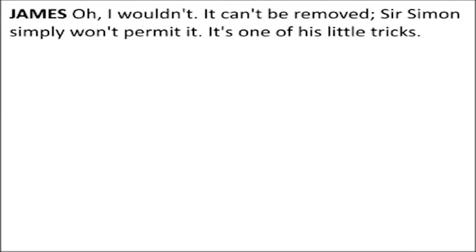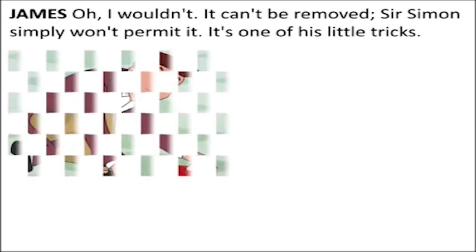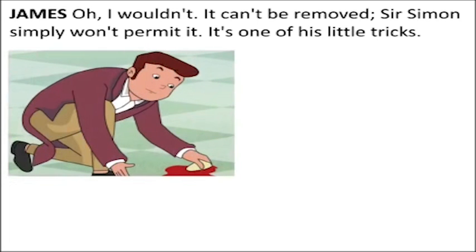It means James also tried to clean that mark from the rug, but it can't be removed. "Sir Simon simply won't permit it. It's one of his little tricks." So here in this picture we can see that Washington is trying to clean that bloodstain from the rug on the floor.